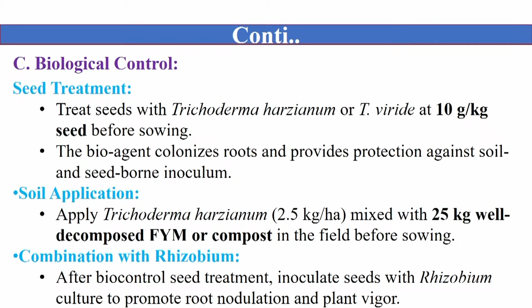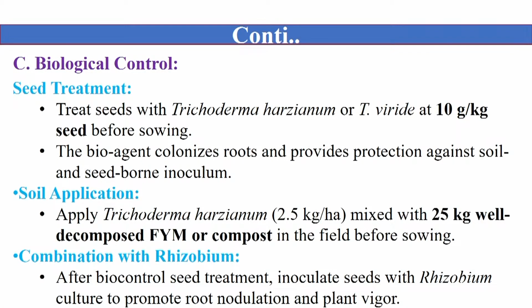And there are biological control methods also available. You have to use Trichoderma harzianum or Trichoderma viride at the rate of 10 gram per kilogram seed before sowing. The bioagent colonizes roots and provides protection against soil and seed-borne inoculum.